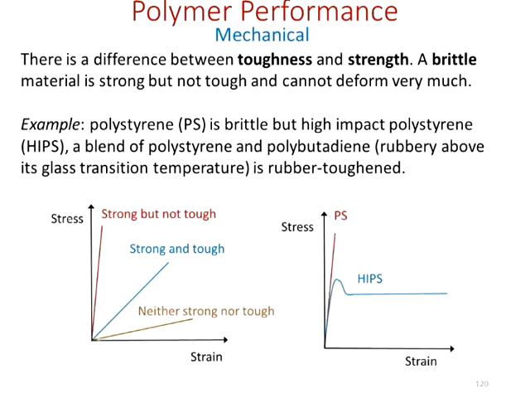So if you take a look at the stress strain curve for polystyrene versus HIPS, you will see that HIPS kind of starts up and has a little bit of a hump there, and it goes out horizontal. But polystyrene itself is very strong but not tough. Okay.